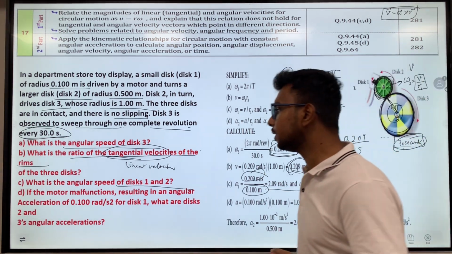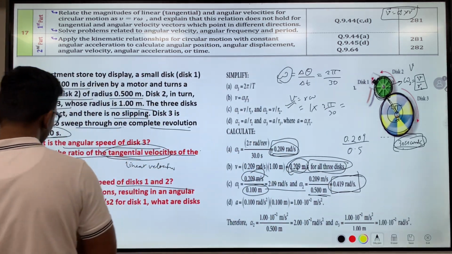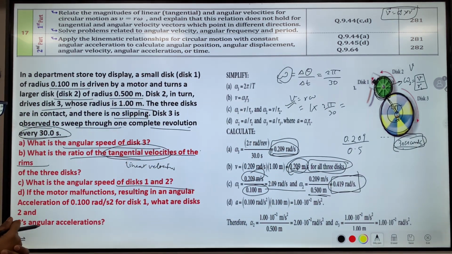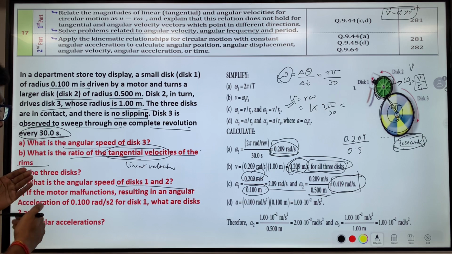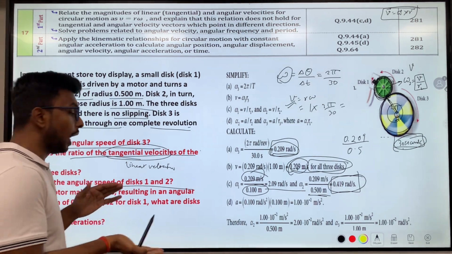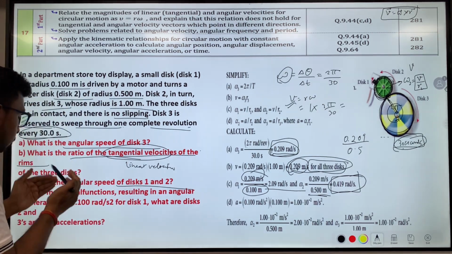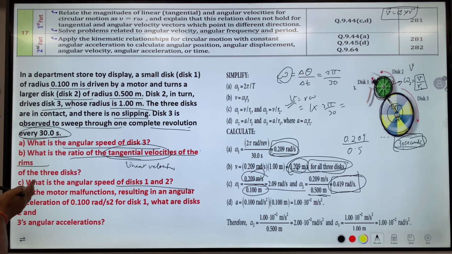If the motor malfunctions, that means it goes bad, resulting in an angular acceleration of 0.100 radian per second square for disk 1, what are disk 2 and 3's angular acceleration? Again, linear acceleration will be same, angular acceleration will be different, because they are attached to each other.